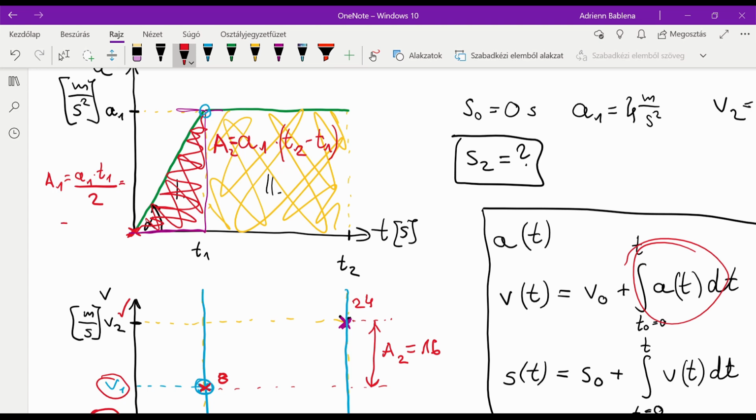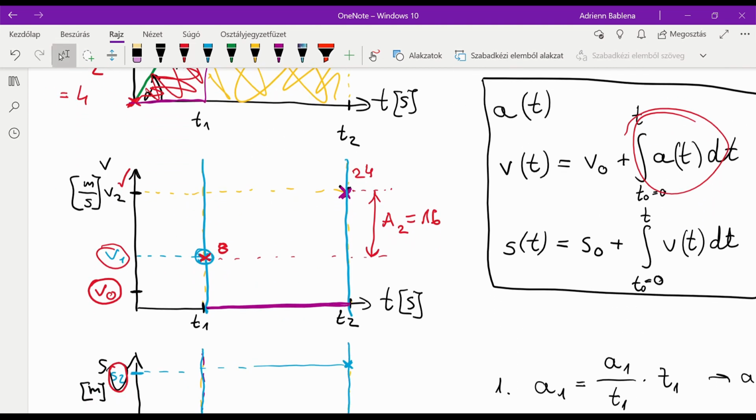So the area of this triangle is 4 times T1, which was 2. 4 times 2 is 8, over 2 is 4. So we have to go back from 8. We have to go back 4, we have to go back A1. This is the distance between V0 and V1. So we know that V0 is 4.